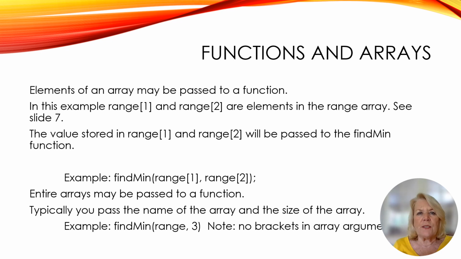In the second example, all of the elements in the array called range are passed to the findMin function. To do that, you give it the name of the array, which is range, and then a comma, and then how many elements are in that array.